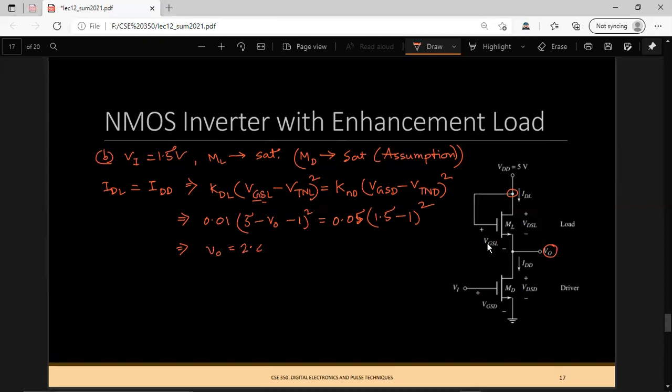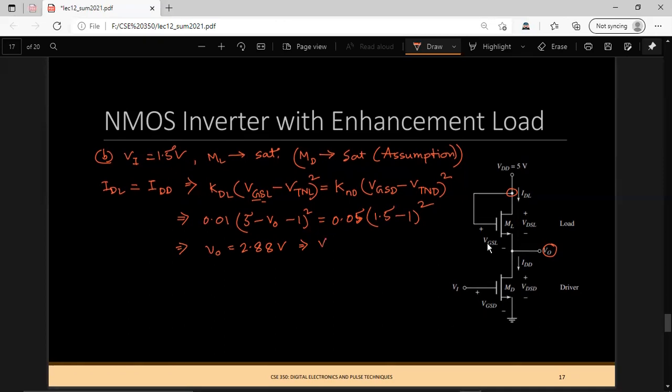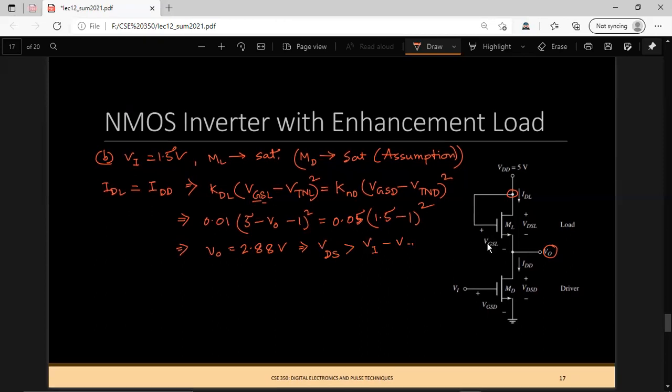The V0 would be 2.88 volt, because we take the square root on both sides and keep the positive part. Solving for this, it will give us VDS, that is 2.55, which is greater than VI minus VTND.